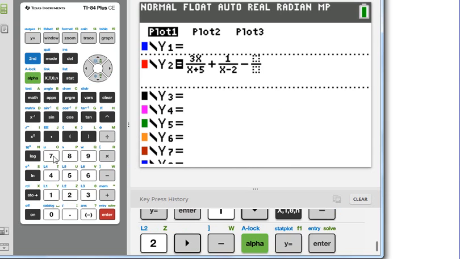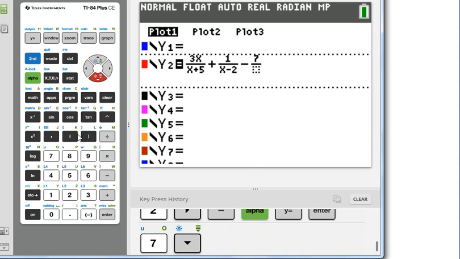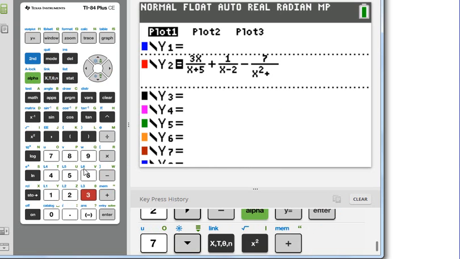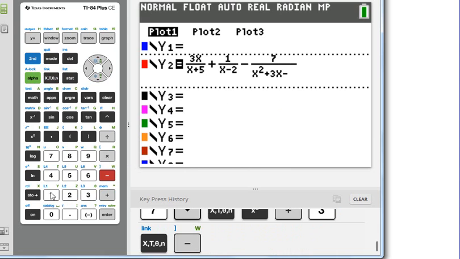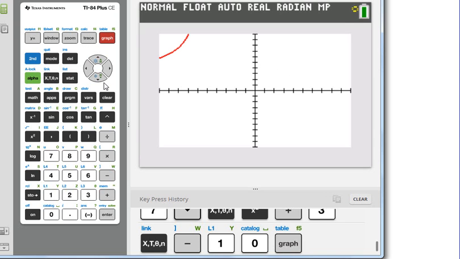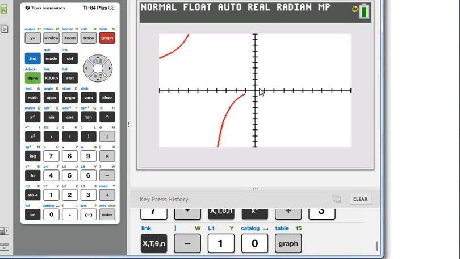So we're going to have 7 over x squared plus 3x minus 10. And when we graph this function, we should see where the function crosses the x-axis.